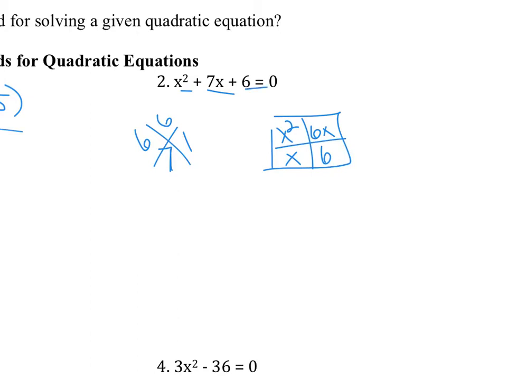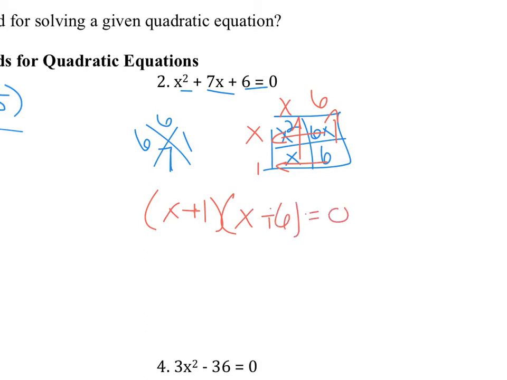Then we look for our GCFs. So my GCF there is 1. GCF there is x, x, and 6. So then we get x plus 1, x plus 6, and that's equal to 0.